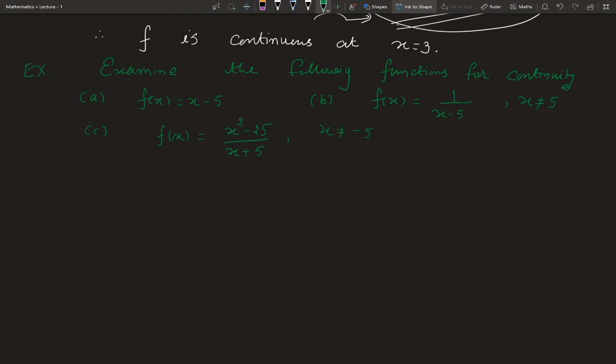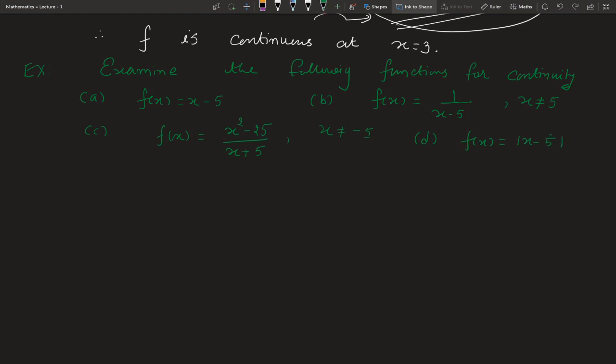And the last one, f of x equal to mod x minus 5.